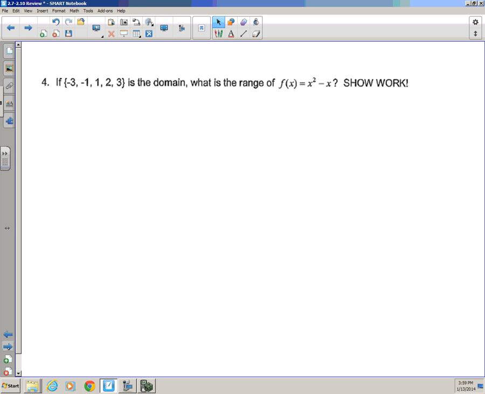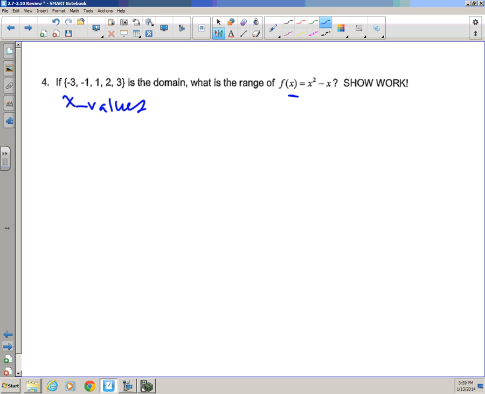So they ask, if you're given this domain, -3, -1, 1, 2, 3, what's the range of the function f of x equals x squared minus x? Remember, they're telling you that wherever you see an x value, you need to plug in the value for x and evaluate the expression.